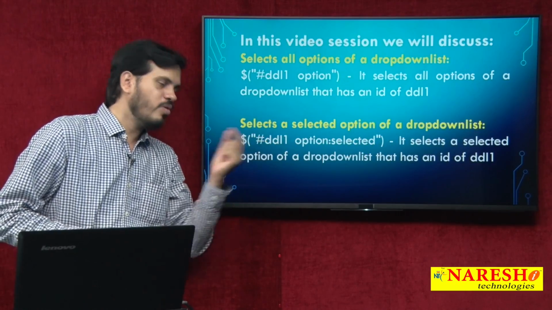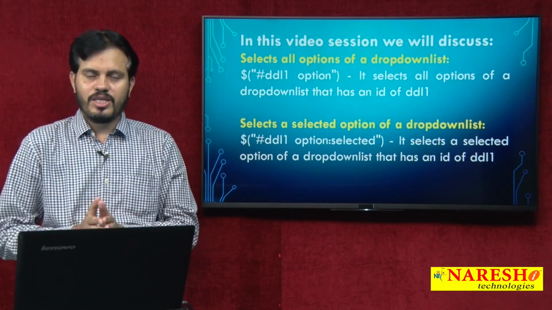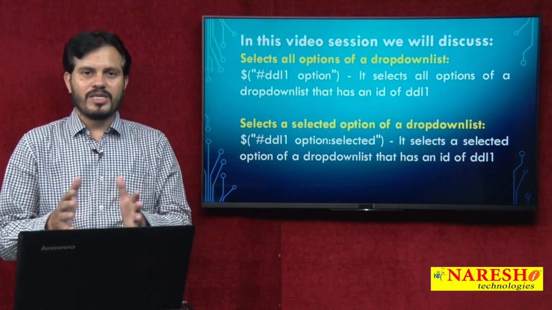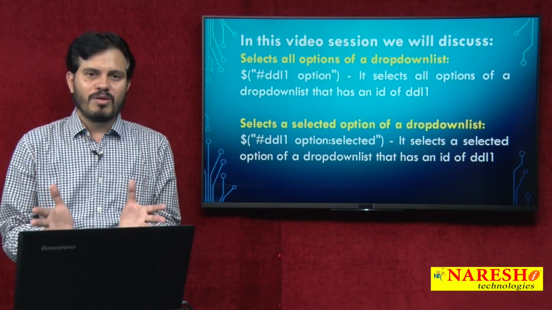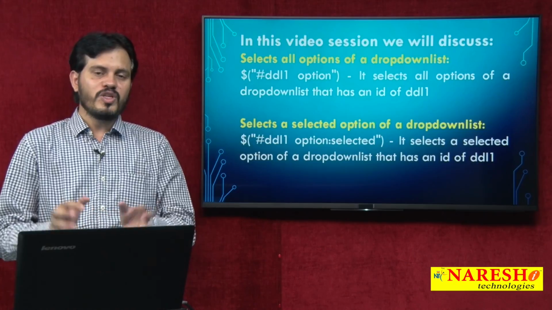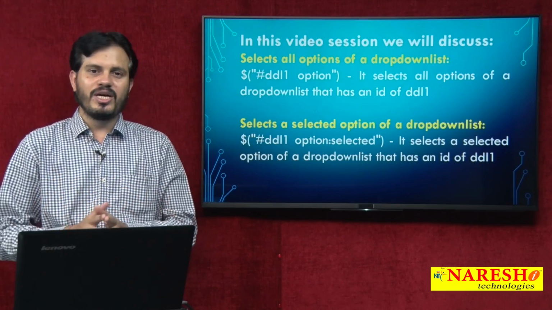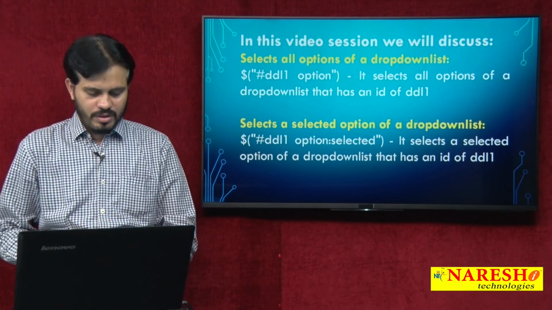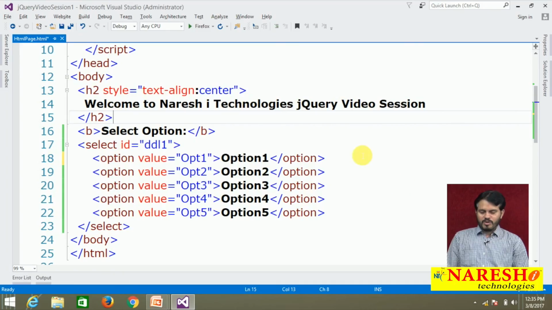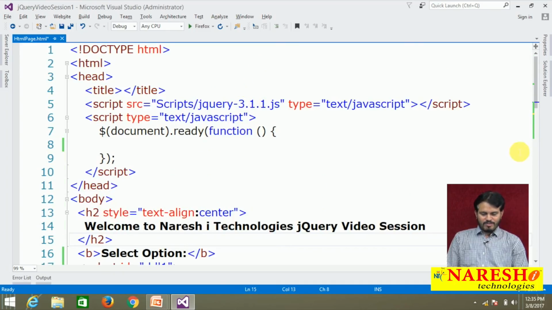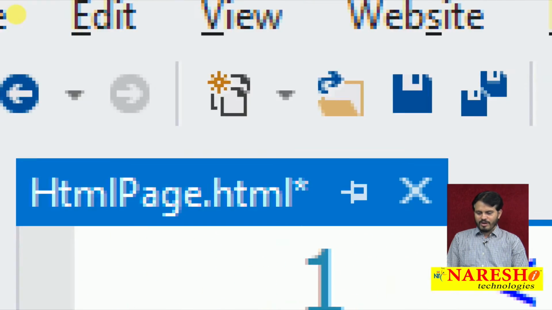It selects the selected option of a drop-down list that has an ID of DDL1. Let us see this implementation practically in our development environment, which I am going to do using Visual Studio. You can work with any other development environment. Here I came to Visual Studio, where I already have one HTML page.